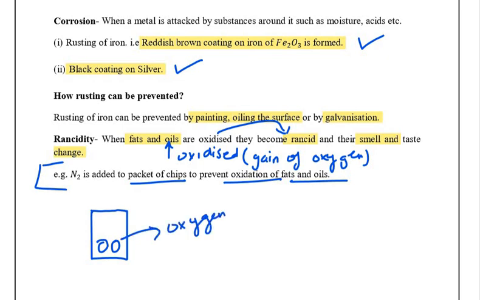If they have direct contact with oxygen, they will get oxidized and their smell and taste changes. So this is known as rancidity. When fats and oils are oxidized, they become rancid and their smell and taste changes.